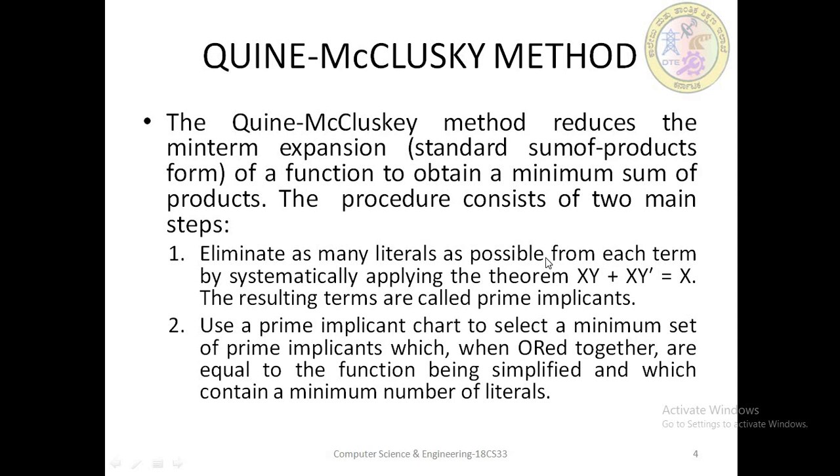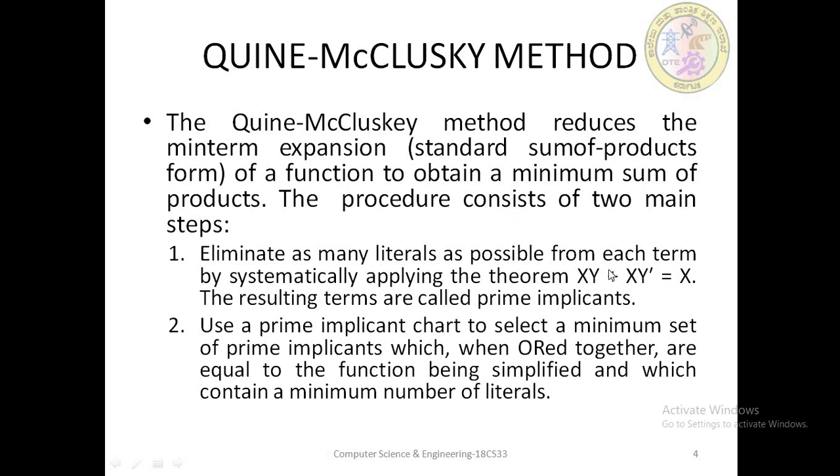First, eliminate as many literals as possible from each term by systematically applying the theorem xy plus xy bar equals x, and the results are called prime implicants. So the Quine-McCluskey method has mainly two steps.